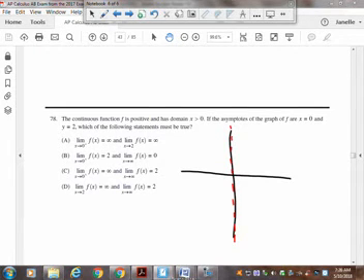I have a horizontal asymptote here. Now, it says the continuous function f is positive, and it has a domain of x greater than 0. Now, for the continuous function to be positive, what does that mean?